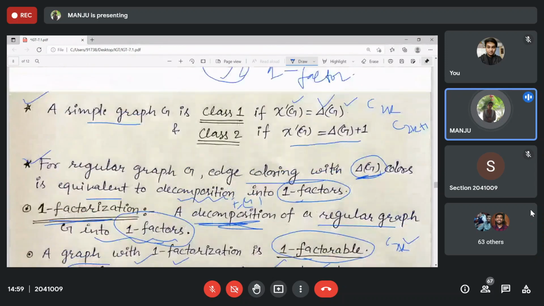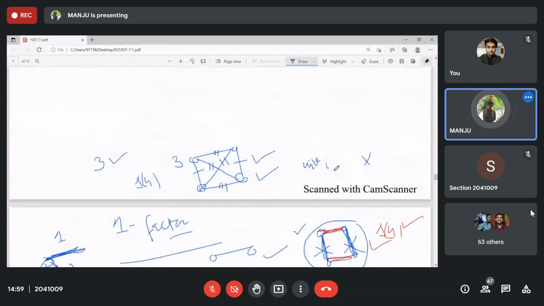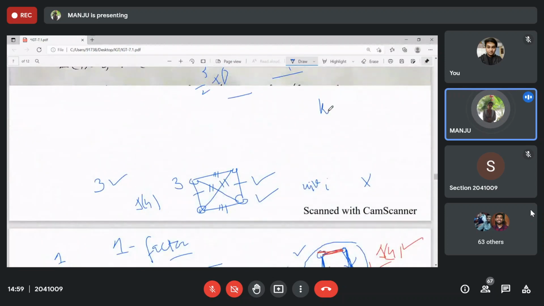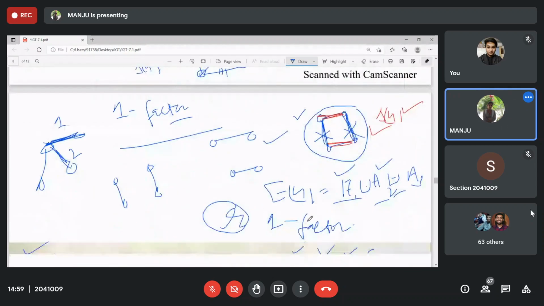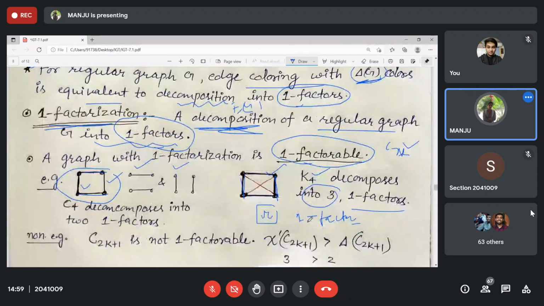Clear? That's why we were able to find how many one factors or how many matchings for K2n: 2n minus 1. Mi exists. And how many? 2n minus 1 such sets exist. And all those matchings form the one factor. Clear? Matching and one factor are the same. And each has cardinality n.